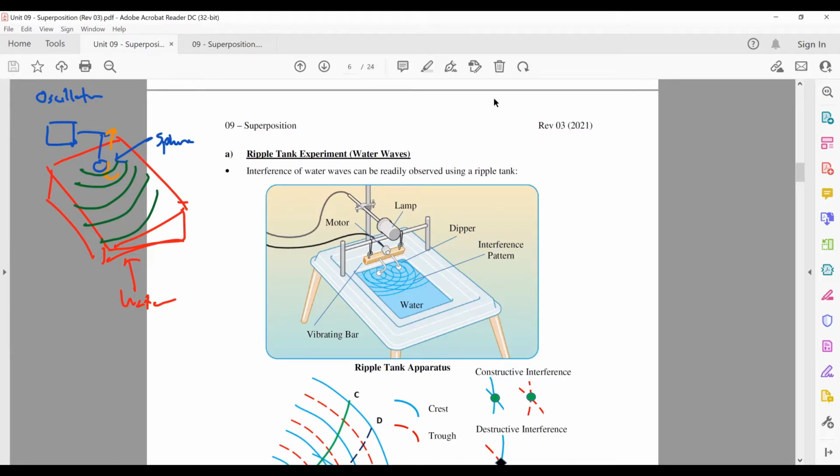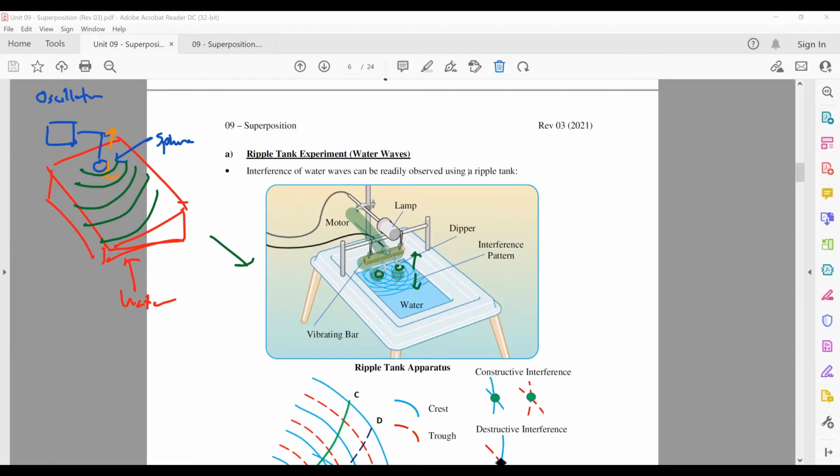So what you have here is a ripple tank experiment. Instead of just having one sphere, right now you have two different spheres, and then it's connected to an oscillator or a motor. The oscillator or motor will cause these two spheres, we call them dippers, to move up and down.